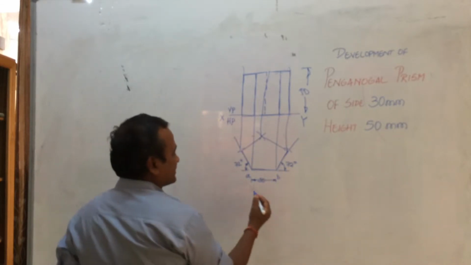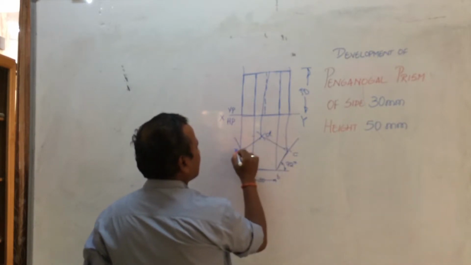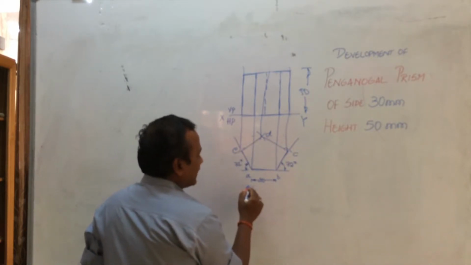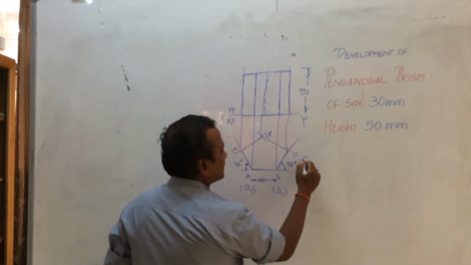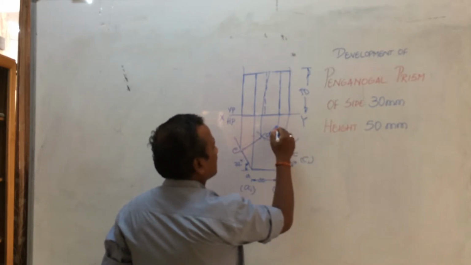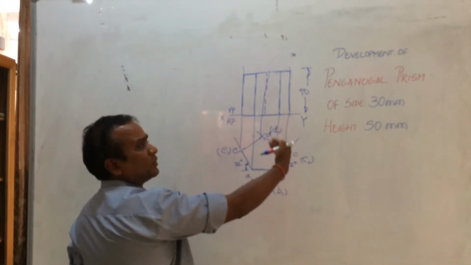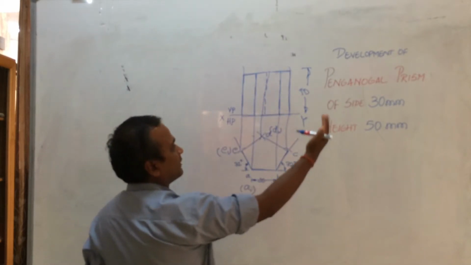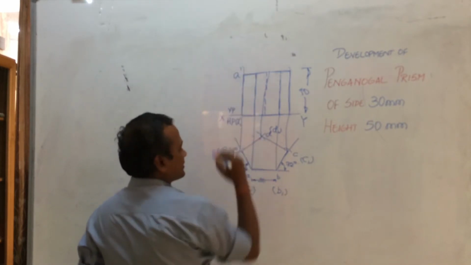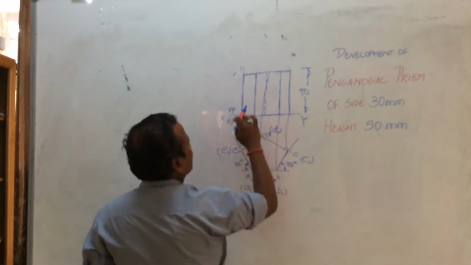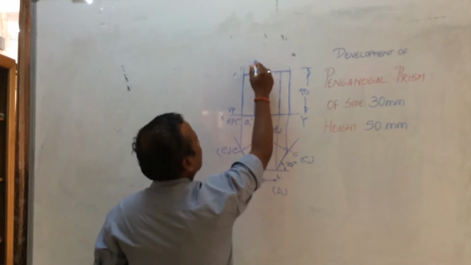If I alphabetically label this as A, B, C, D, E, and again A1 at the bottom, B1 at the bottom, C1 at this bottom, D1, E1. If I take these alphabetic characters to the front view of the prism, I call this A1 dash and this A dash.